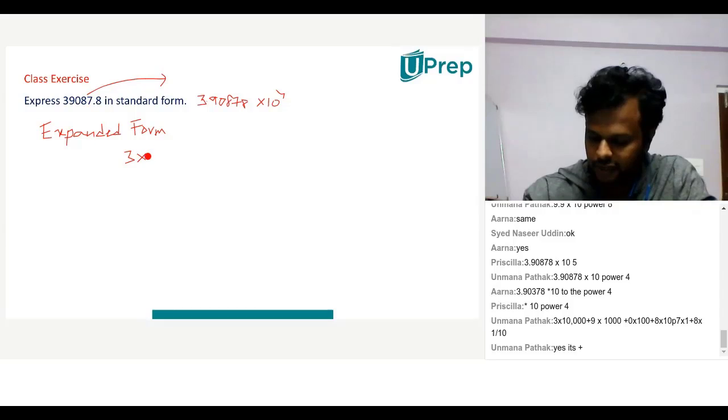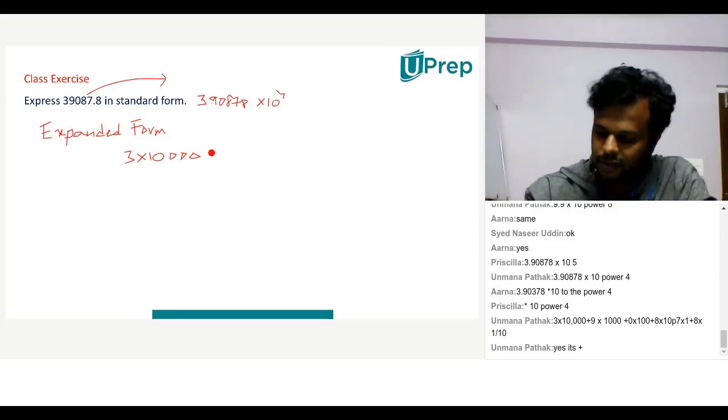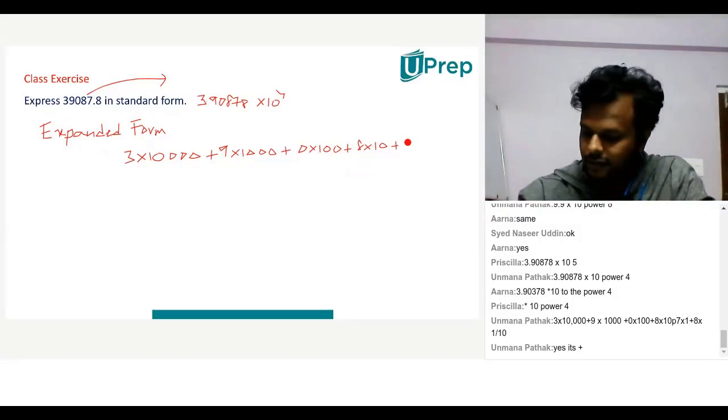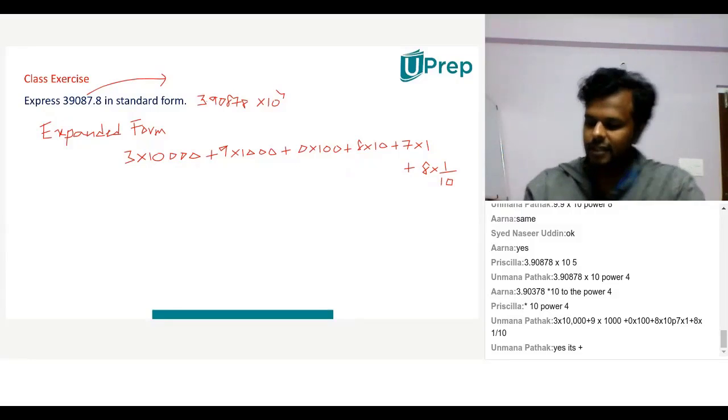So 3 into 10,000 plus 9 into 1,000 plus 0 into 100 plus 8 into 10 plus 1, okay, I write it as 7 into 1 plus, then 0.8 is there, so I'll write it as 8 into 1 by 10.